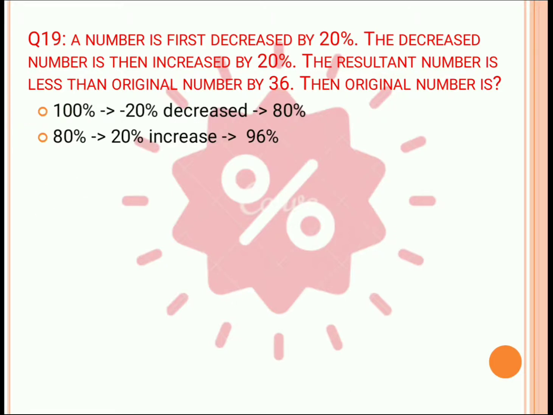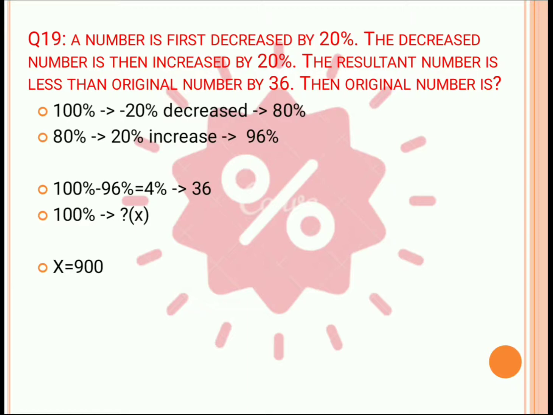So 100 percentage minus 96 percentage is nothing but 4 percentage, and this 4 percentage is equivalent to 36. Then we need to find out the original number, which is nothing but the 100 percentage. Let's say the original number is x, then from the cross multiplication the value of x turns out to be 900. So the original number is 900.